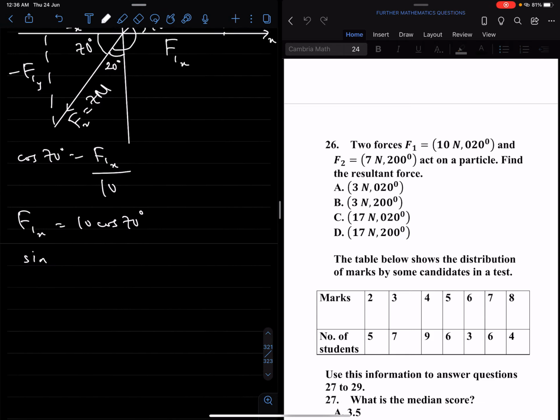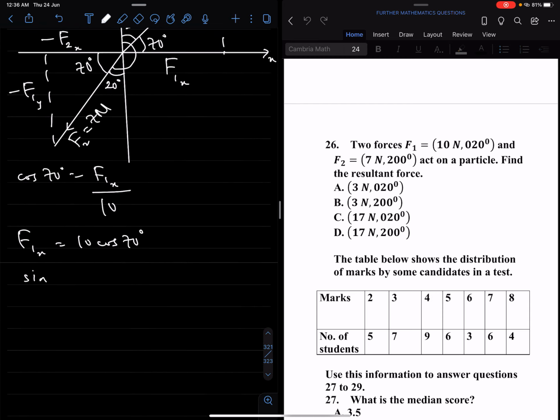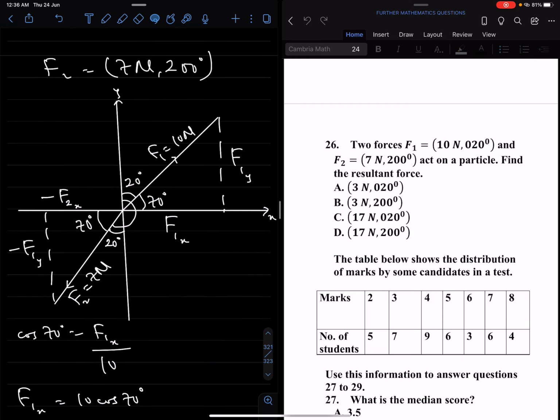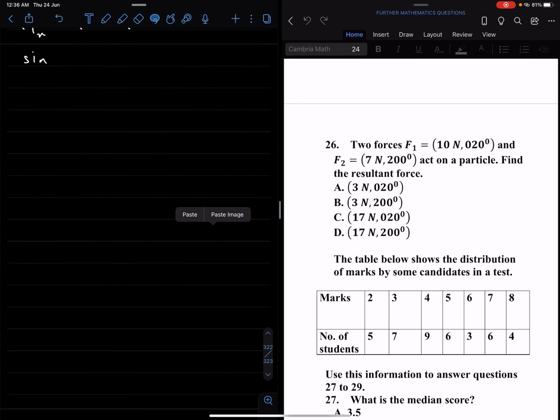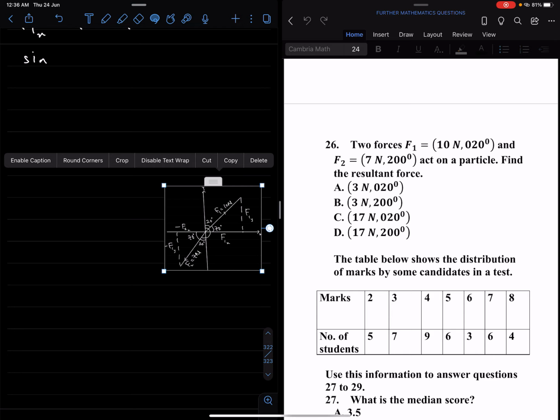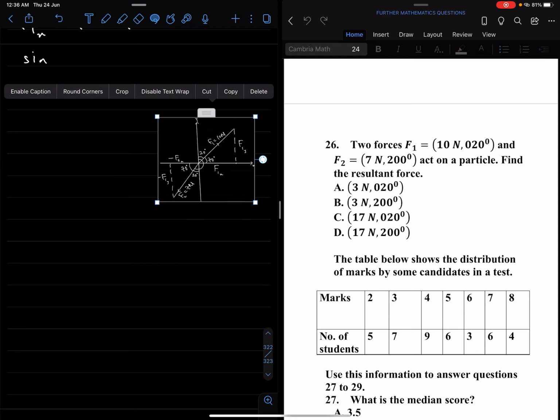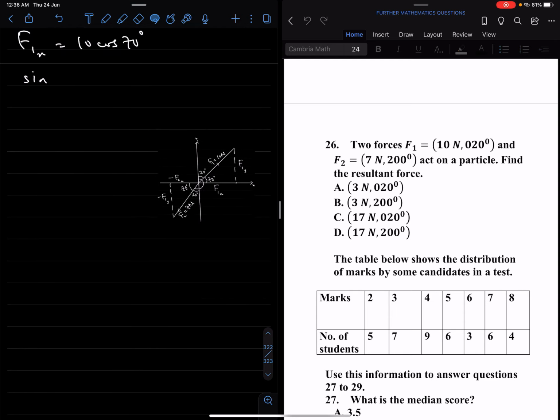That's opposite over hypotenuse. Let me bring the diagram down. Paste it here. That's the diagram.